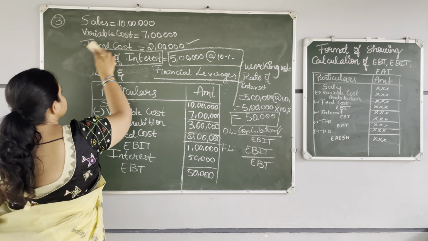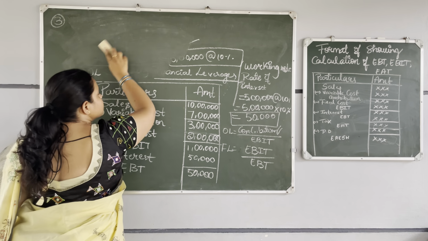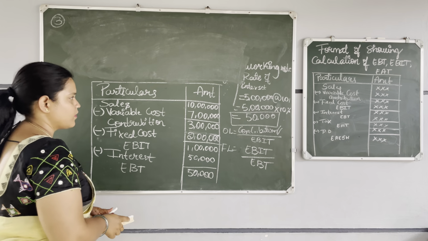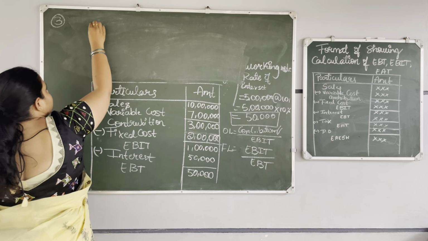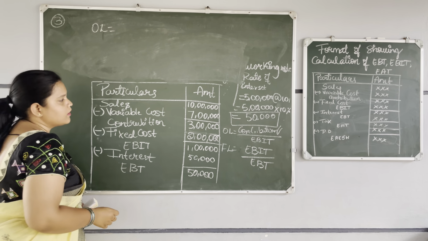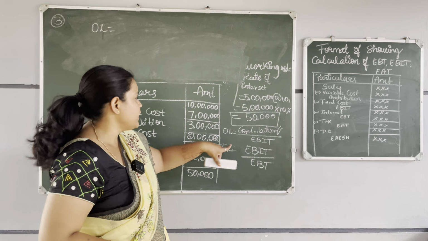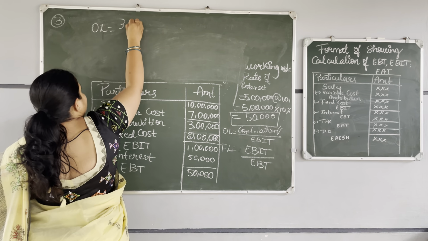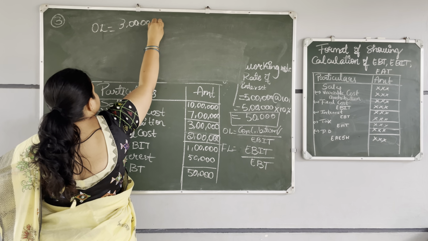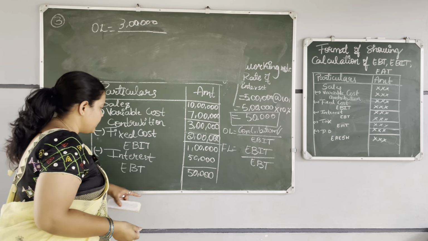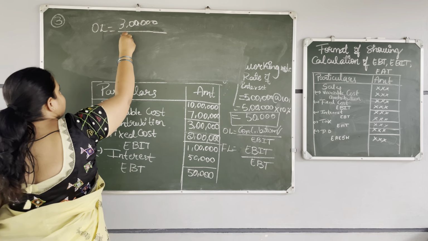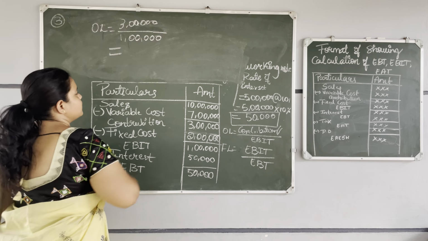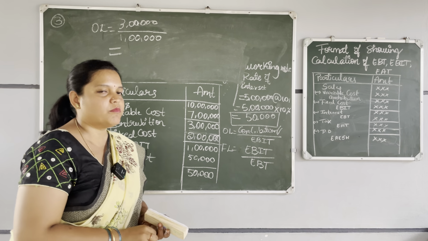Yes, I will erase this part. Operating leverages is contribution divided by EBIT. Here contribution is 3 lakh divided by EBIT amount of 1 lakh. 3 lakh divided by 1 lakh, how much?